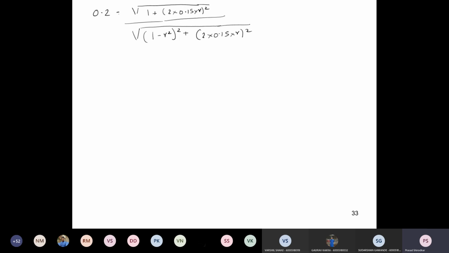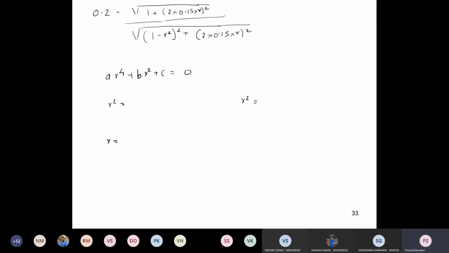Take the square of this equation and you will get a quadratic equation, something like a r raised to 4 plus b r square plus c is equal to 0. Find the roots of this quadratic equation in r square. You'll get two roots. Choose the correct value of r square, then take the square root of that.